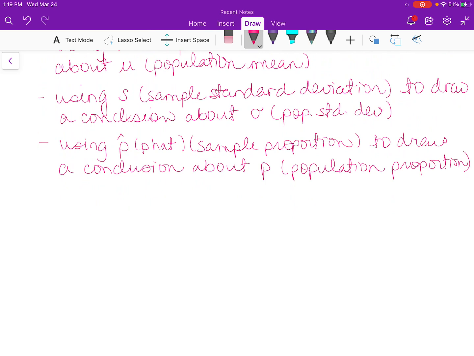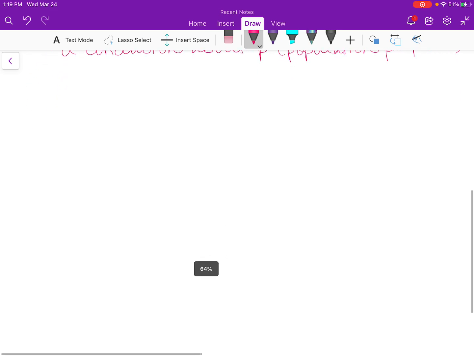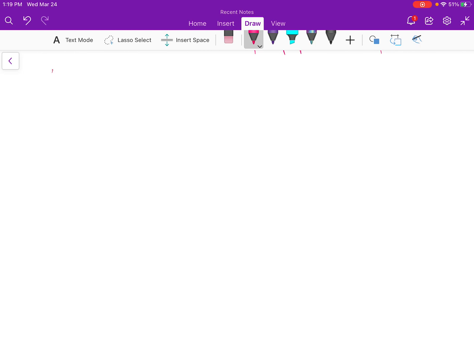Just like you saw with the sampling distribution of X bar, there's going to be a range of values that that population mean could be, based on the fact that there's a range of values that the sample mean can take on. So instead of trying to estimate a population parameter exactly, we're going to be creating something called a confidence interval.